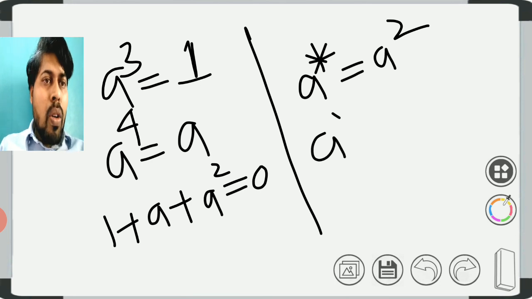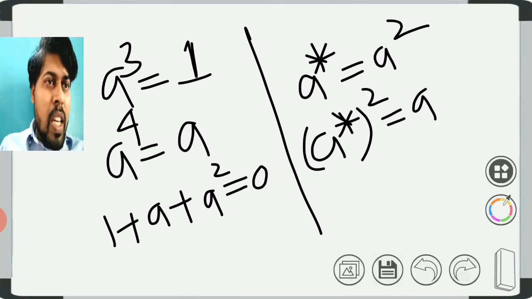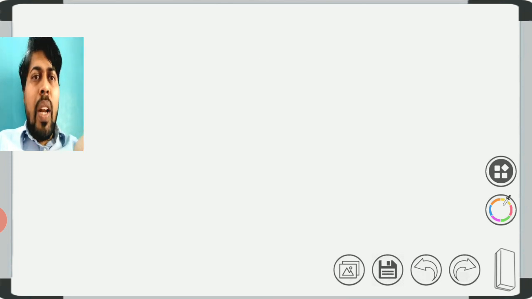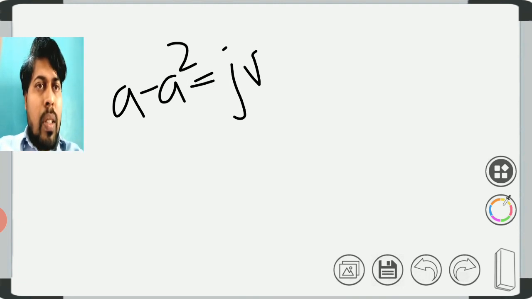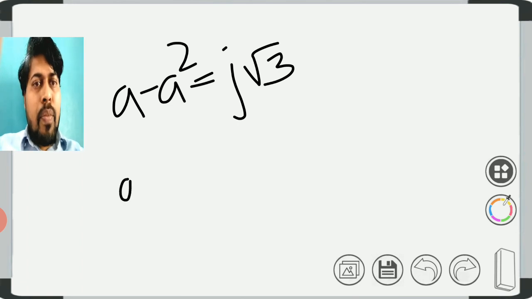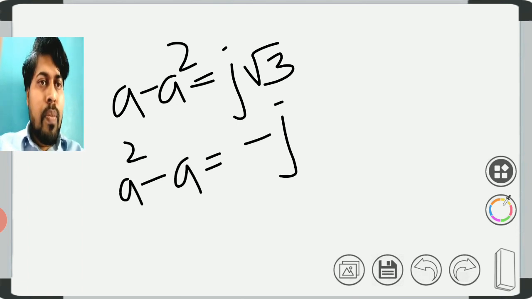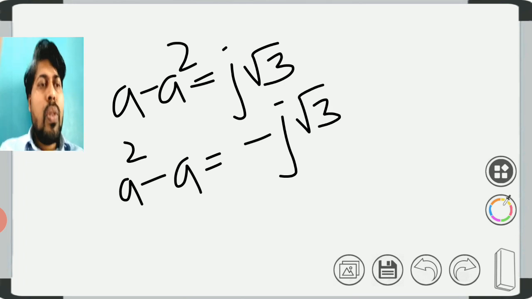If I take the conjugate of A square, it gives me A. Further, a few more expressions can be written for the A operator. A minus A square can be written as j root 3, and A square minus A can be written as minus j root 3.